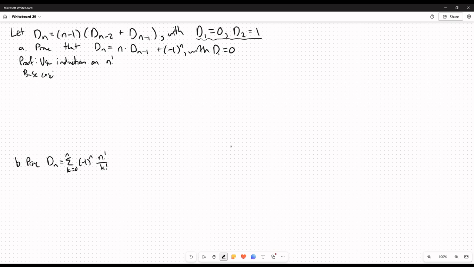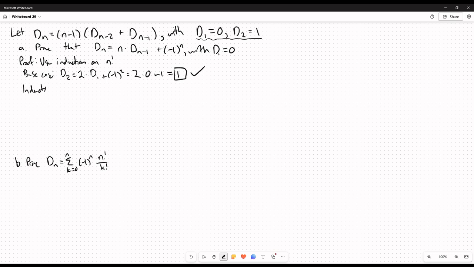So I want to show that d(2) equals 1. And we're going to do that by saying that d(2) equals 2 times d(1) plus (-1) squared. That's going to equal 2 times 0 plus 1, which equals 1. Yay, base case is done.